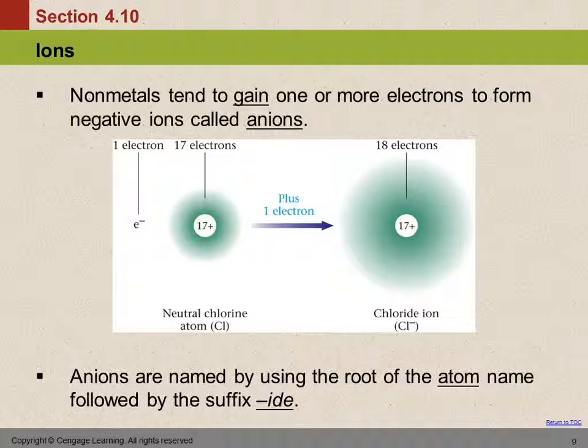So when a man gets married, does he typically change his last name? No. Traditionally, when a woman gets married, does she change her last name? She does. When the nonmetals become ions, they change the ending of their name. So chlorine becomes chloride.